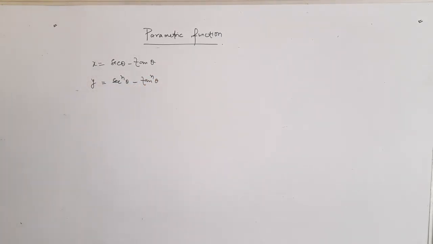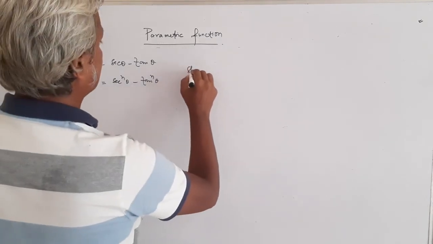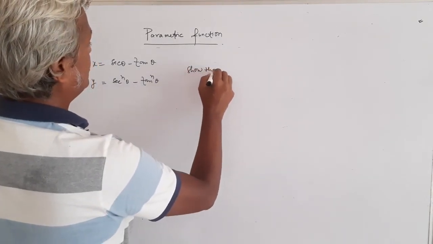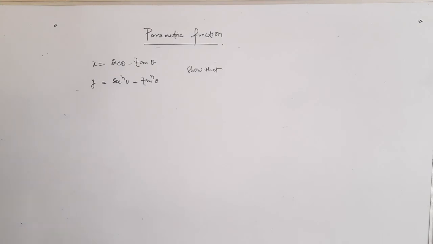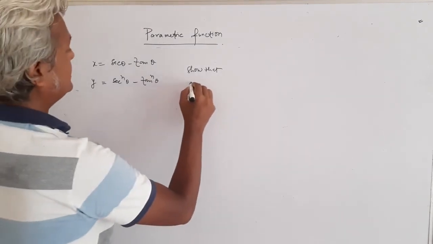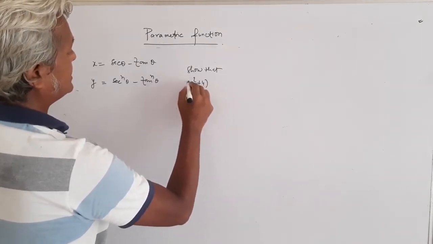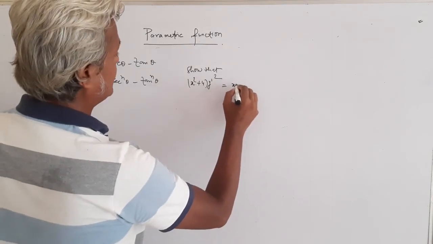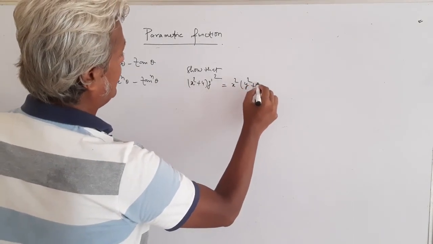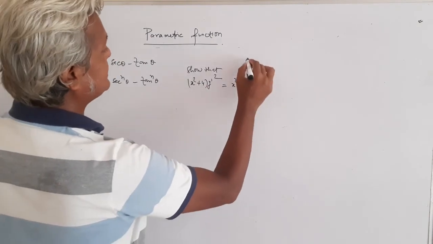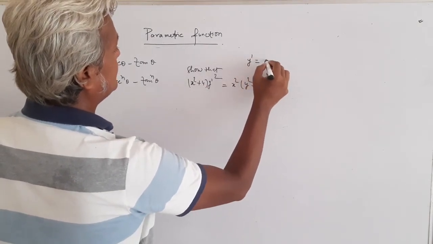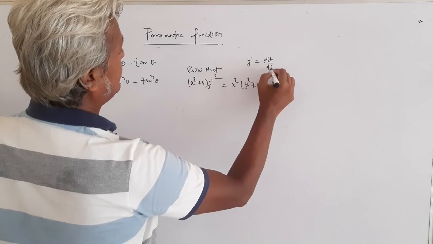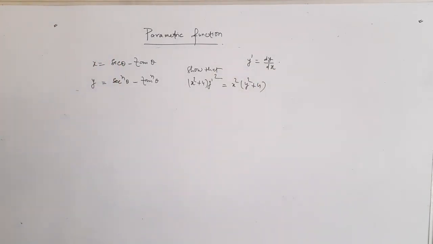And then what we have to do is show that x square plus 4 y dash square equals x square y square plus 4. So y dash is nothing but dy by dx.